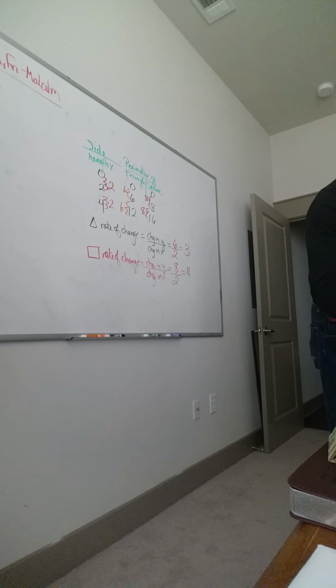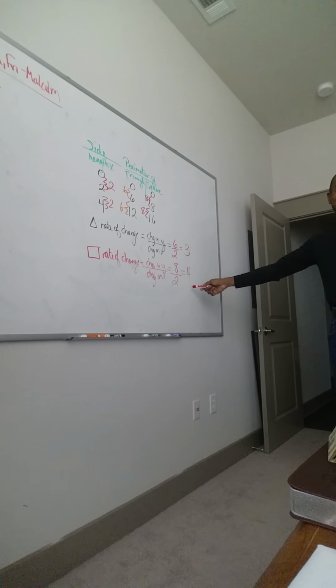You don't simplify it? What do you mean? Because you know how it's 8 over 2, you don't simplify it? No, we did right here. 8 over 2 equals 4. You see it?